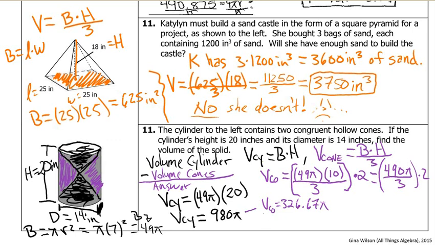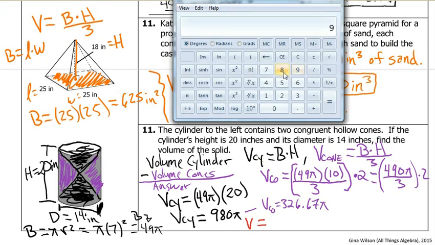So my volume, let's make this in red. My overall volume V is equal to 980 minus 326.67 equals 653.33.